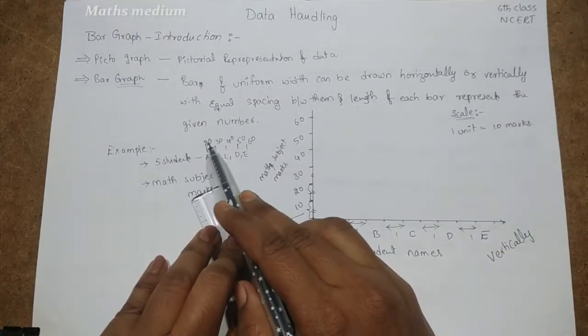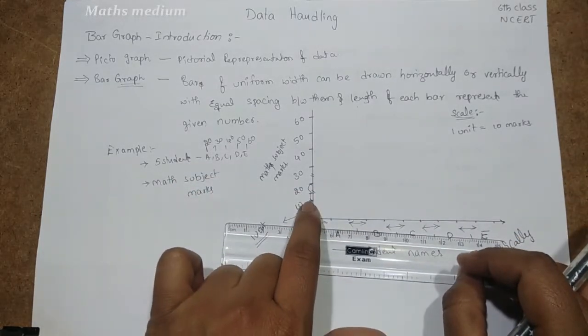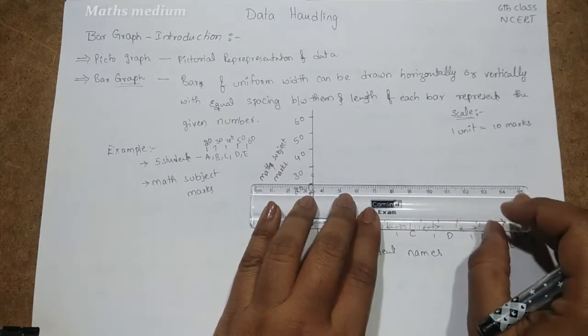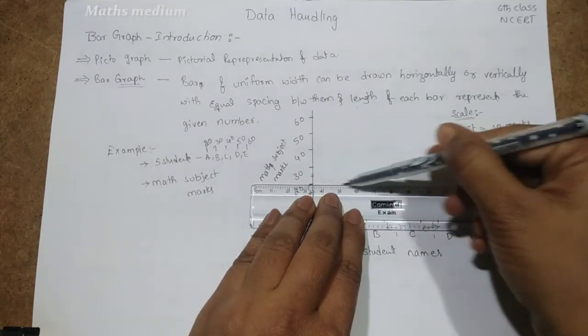A has 20 marks. So take the 0, this is 10 and this is 20, right? Make a small invisible line at 20 like this.